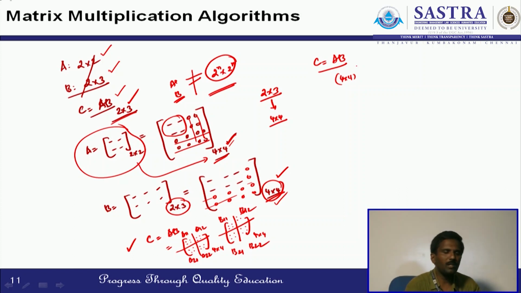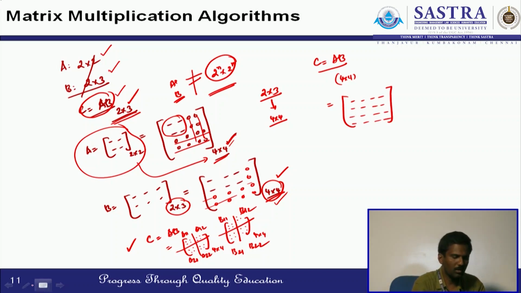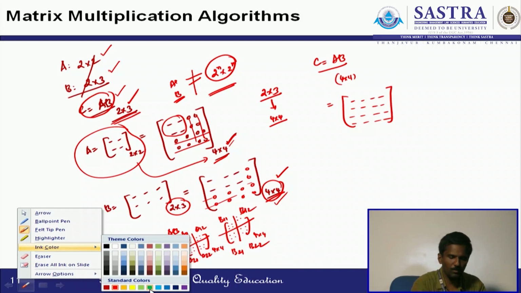But in the resultant matrix C equal to AB, we need to take only this portion of 2 rows and 3 columns. So after obtaining C equal to AB as a 4 by 4 matrix, we need to consider only 2 rows and 3 columns.